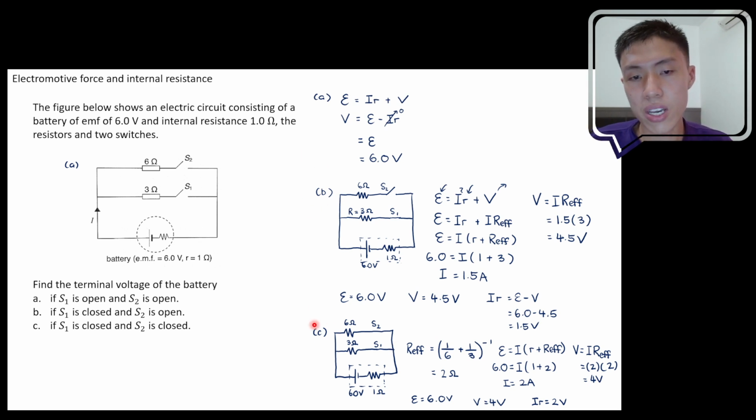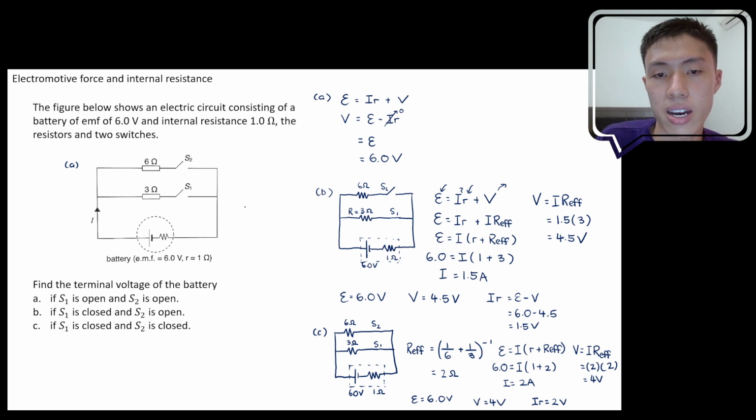So for question B and question C, there's actually a shorter way of solving this question. You can solve it using the concept of potential divider. For this situation here, you can think of it as one single ideal battery with 2 resistances. You are interested in the voltage across the external resistance. You are not interested in the voltage across the internal resistance. Because you're interested in R over here, you can use the potential divider idea.